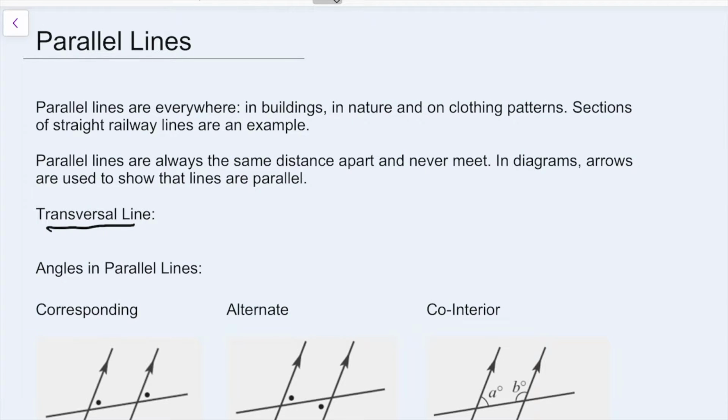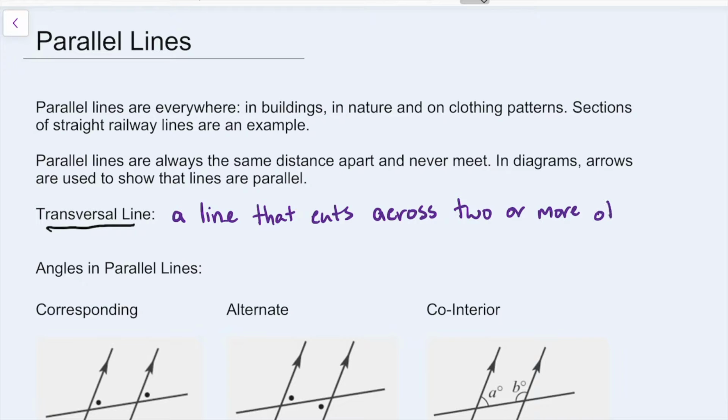The transversal line is a line that cuts across two or more other lines. So the transversal line is what creates the special angles that we're going to talk about in this next bit.